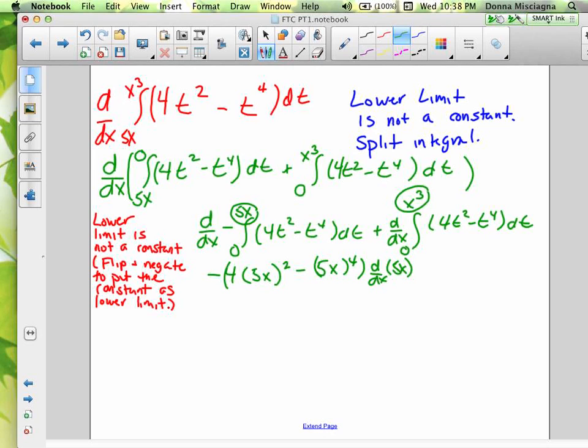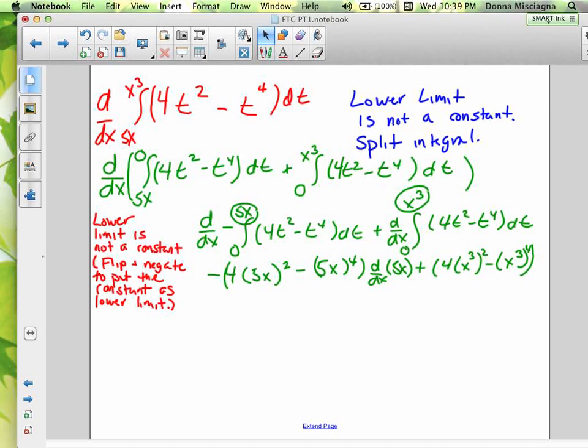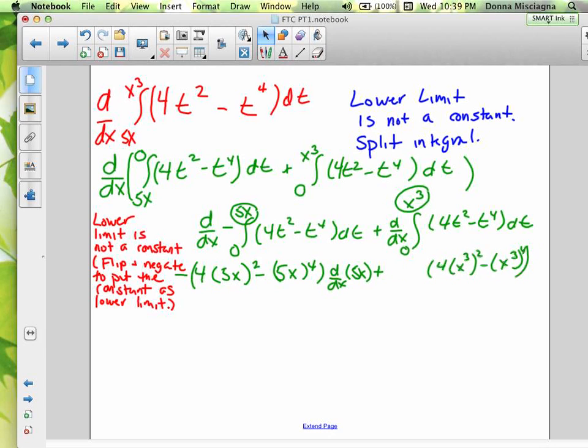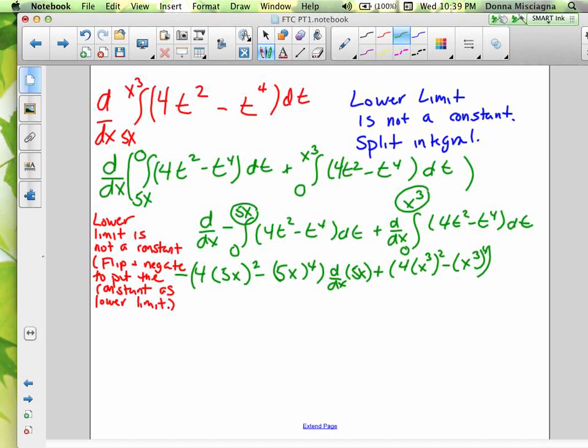And then plus, now we're substituting the x cubed: 4 times (x cubed) squared minus (x cubed) to the fourth, and then times the derivative of the x cubed.